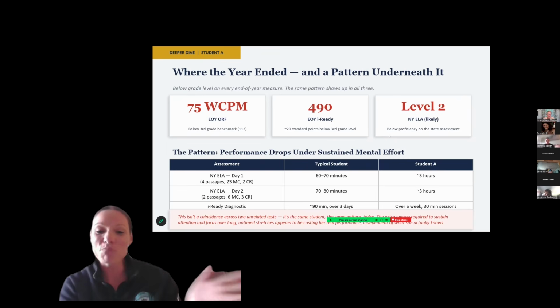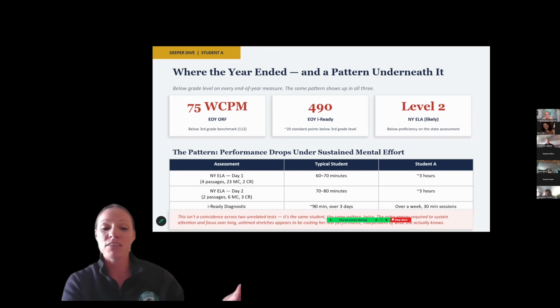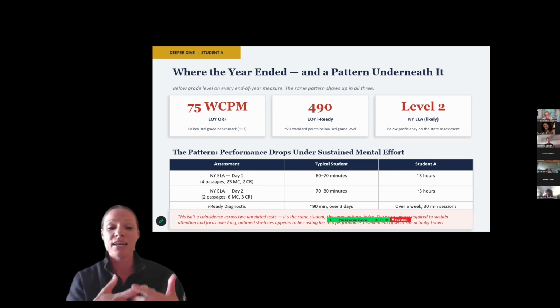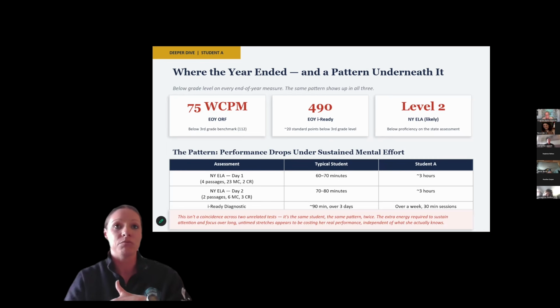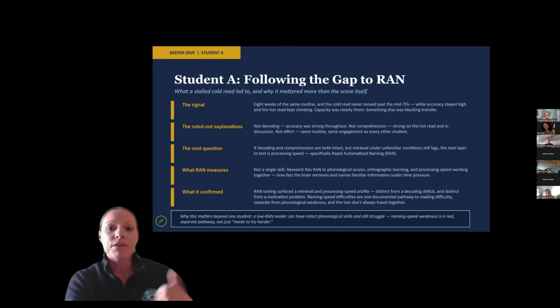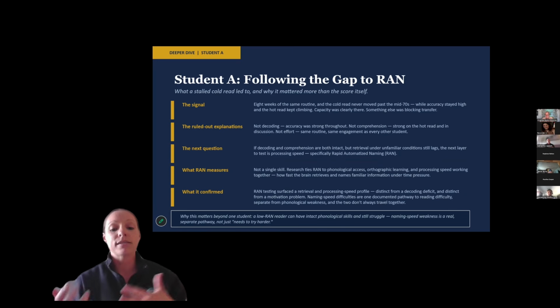If I put this all together with the way the rest of her school year ended, she also showed really, really slow work when it came to doing the final diagnostic assessments. It took her so much longer than the average kid in my classroom took to do those tests. And I feel like a lot of these issues with rapid automatic naming are showing that there's an underlying retrieval processing delay.